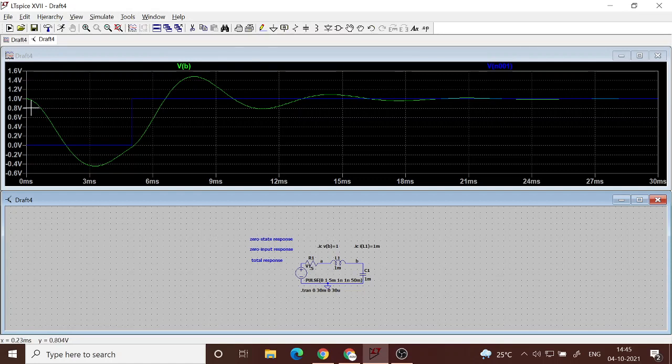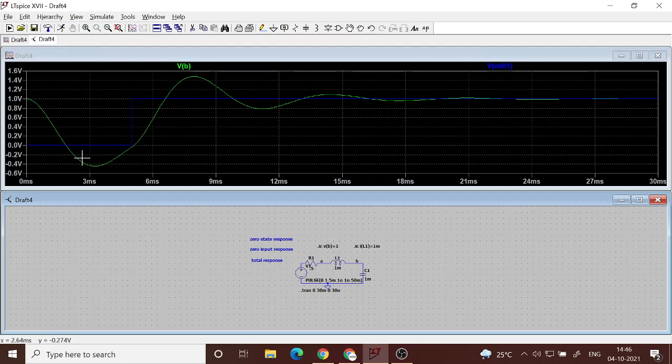Now if you look at the output response, till 5 millisecond it was entirely determined by the zero input response.